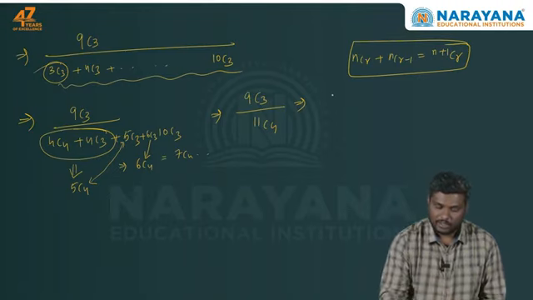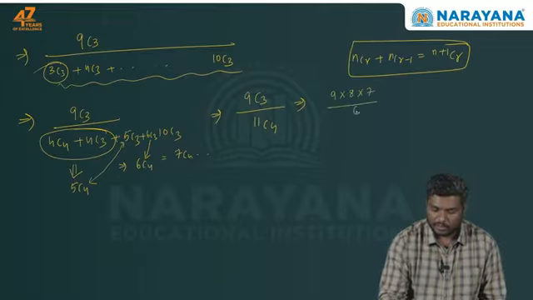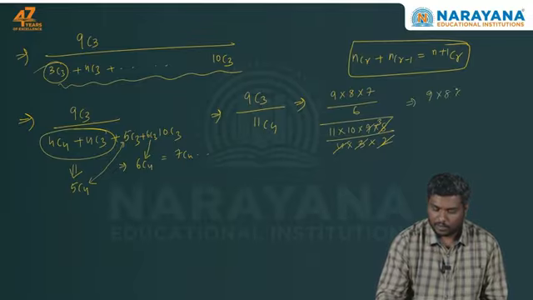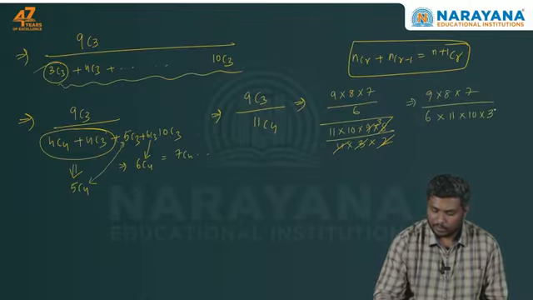So 9C3 is 9, 8, 7 by 6. 11C4 is 11, 10, 9, 8 by 4, 3, 2, 1. So this is 9, 8, 7 by 6 into 11, 10, 3.